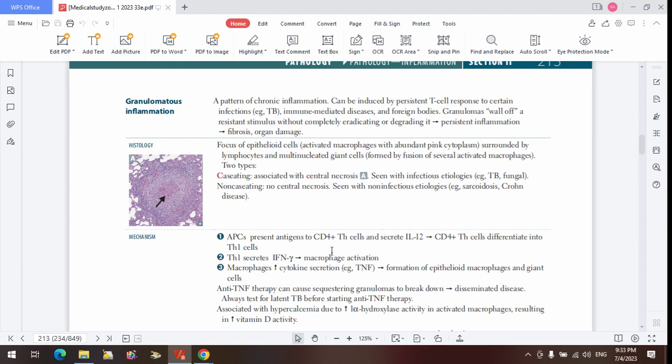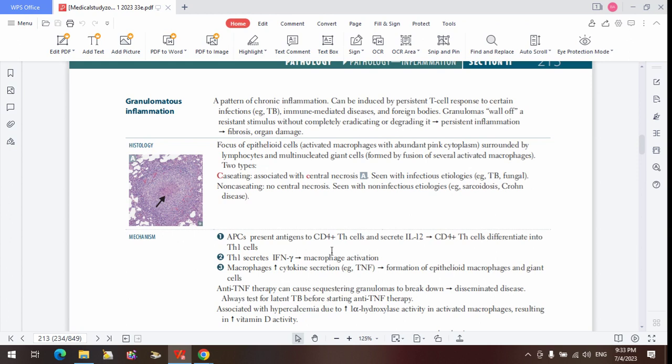Classical, we release pro-inflammatory cytokines to destroy the organism or the foreign body, which will not work. At the end of the day, you still have simultaneous activation of the macrophage through the alternative pathway to start repair by fibrosis. And that is why one of the complications of granulomatous disease is fibrosis and organ damage.